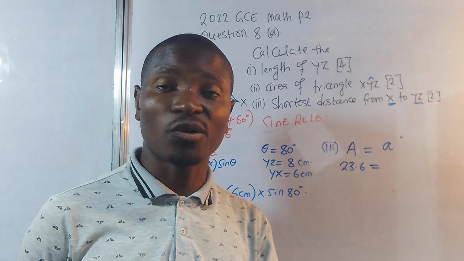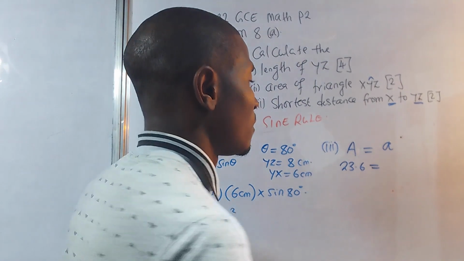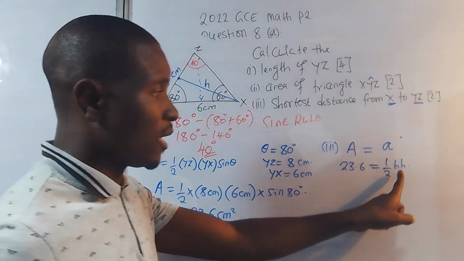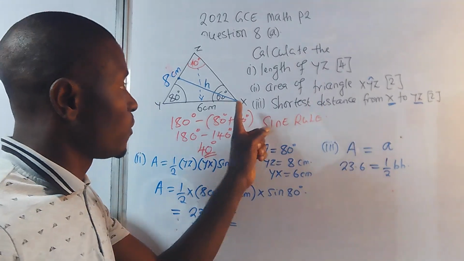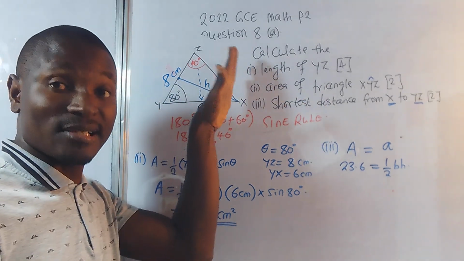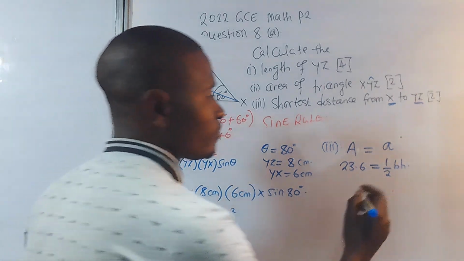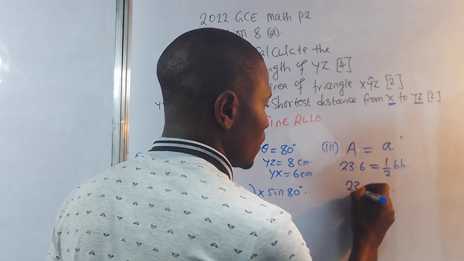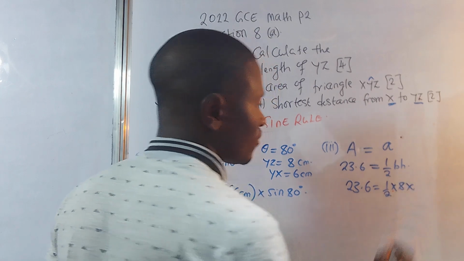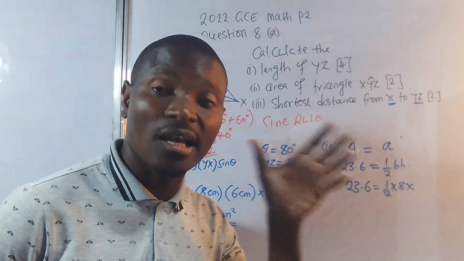So what is the area of the right angled triangle? It's just 1/2 times base multiplied by the height. So 1/2 BH. Now the base is when you start moving from X going to that point along YZ, that is the base, which is just 8. And then this is going to be 23. Remember, the H is what you're looking for, so it just stays like that.